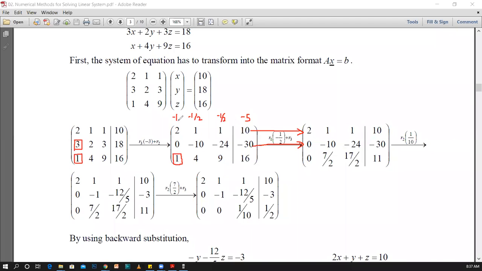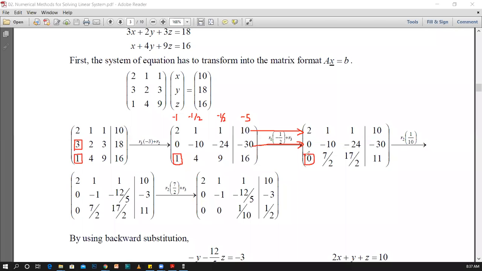Therefore, 1 plus minus 1 is 0, 4 plus minus half is 7 divided by 2, 9 plus minus half is 17 divided by 2, then 16 plus minus 5 is 11. Now you can see that you have successfully converted this place into 0.